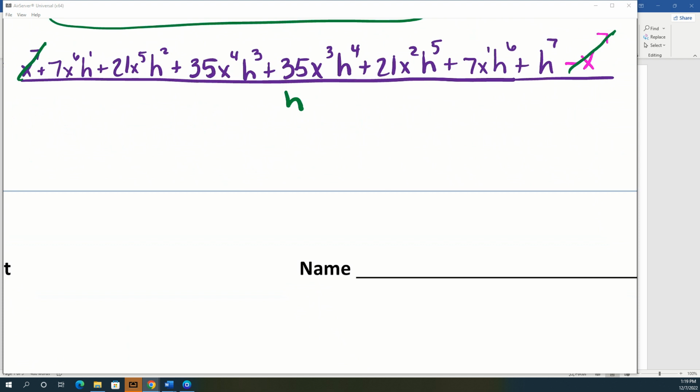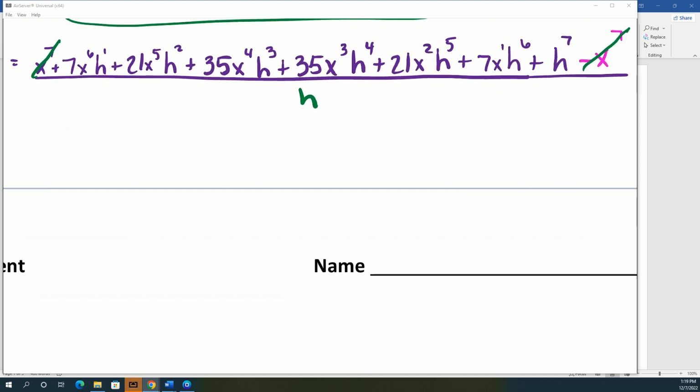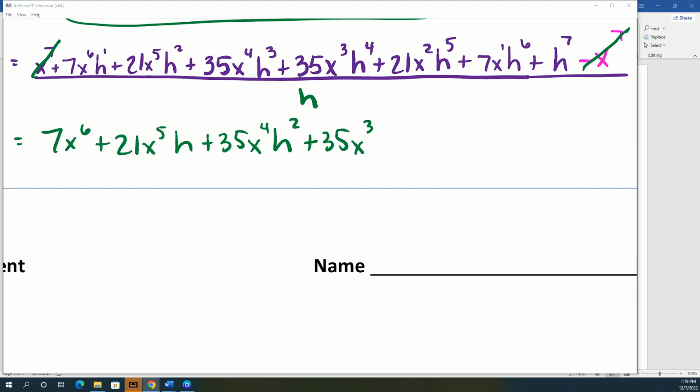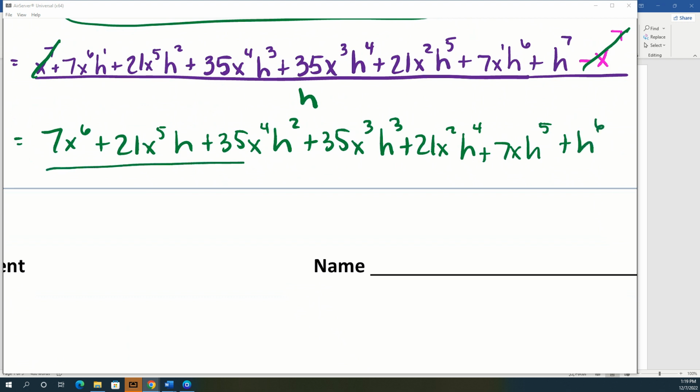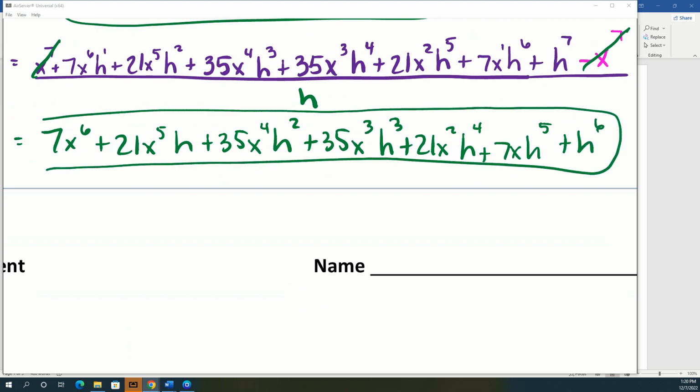Then I can divide everything on that numerator by h, or reduce an h from each term. All right, and that's my difference quotient.